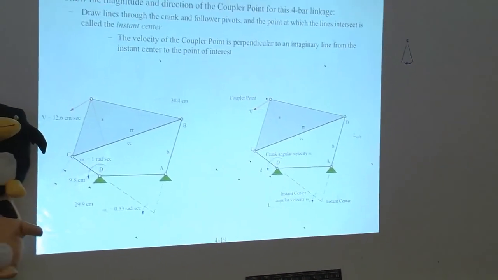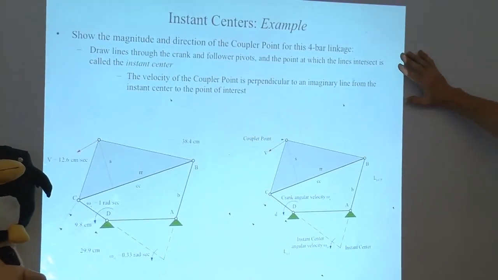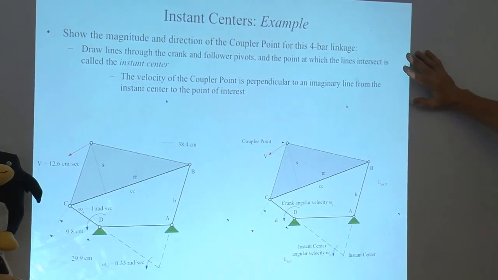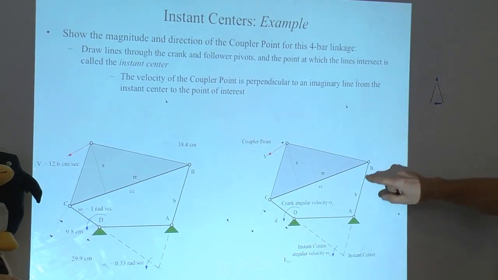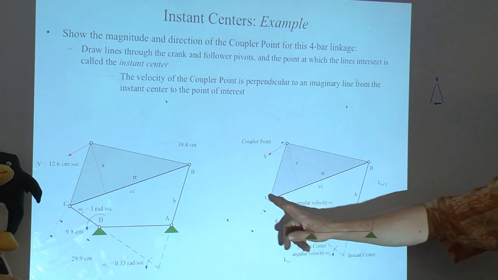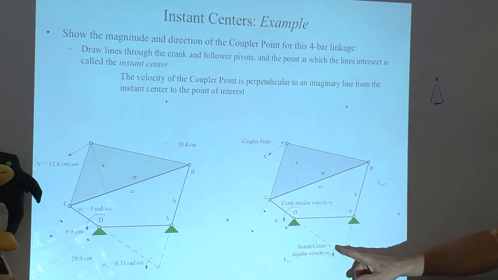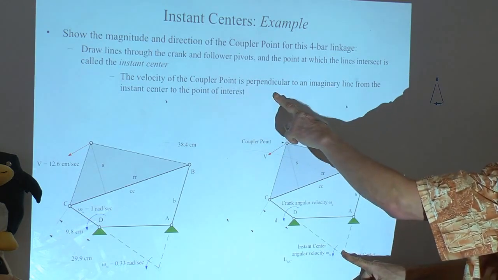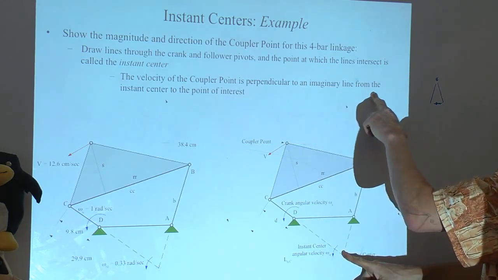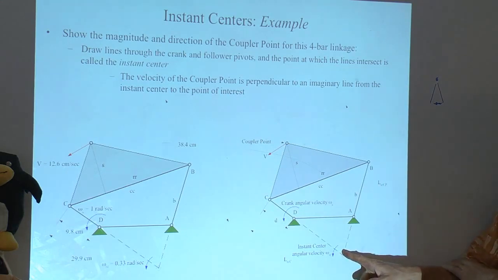So for example, here, let's find the magnitude and direction of the coupler point motion for this 4-bar linkage. We draw these dashed lines through the crank and the follower. This is our instant center point. The velocity of the coupler point is perpendicular to an imaginary line from the instant center to the point of interest.